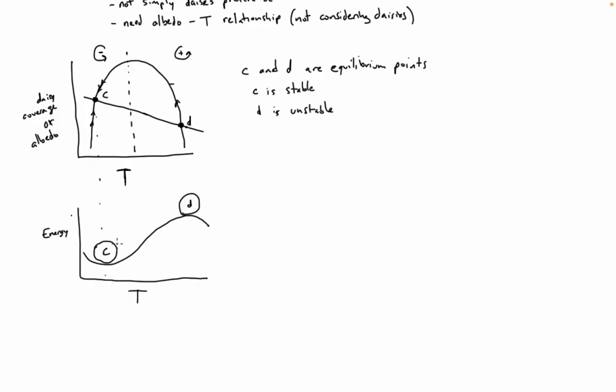All kinds of systems end up in these positions where some measure of energy is minimized. And the slopes and the heights on these diagrams are meaningful.